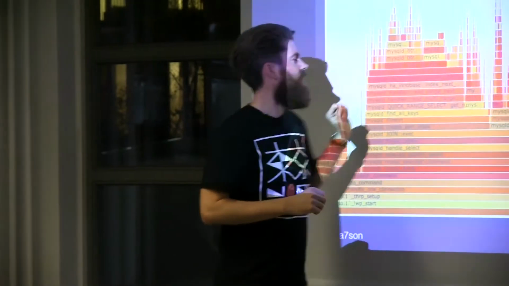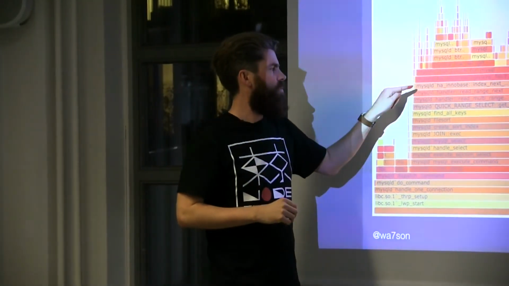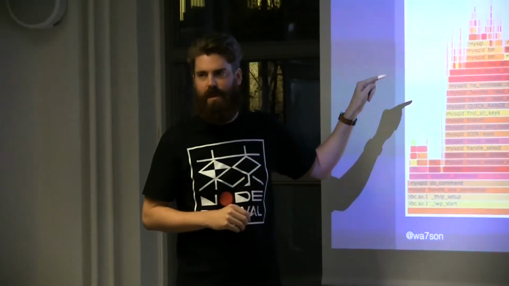So if it saw this one way more than it saw that one, it must mean that this one is taking up more time on the CPU. It could of course also just mean that it's being run a lot of times, and each of the times it doesn't take up that much CPU. But most of the time you will find that it's actually because it's running for a long time. So if it's running for like 100 milliseconds and you're sampling a lot of times, then you'll see it a lot of times as well.